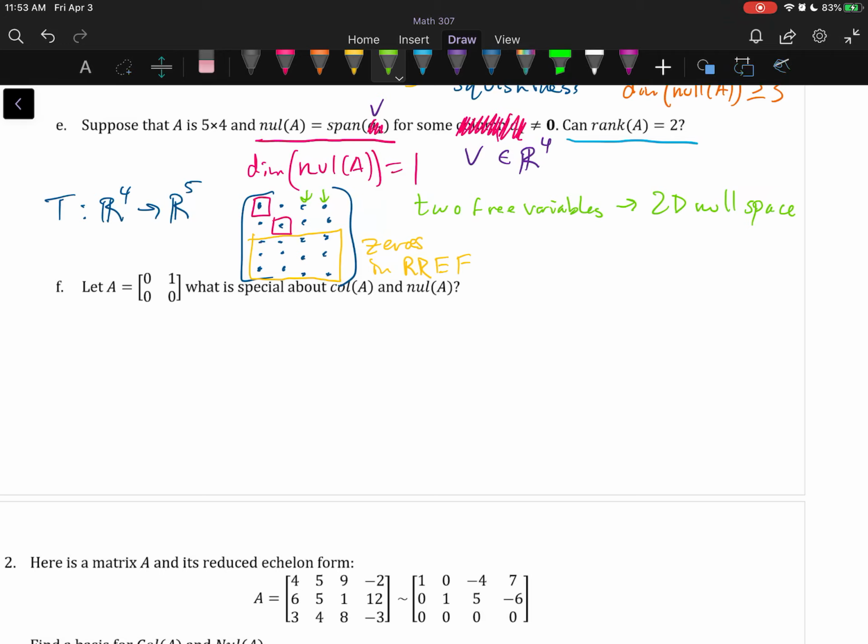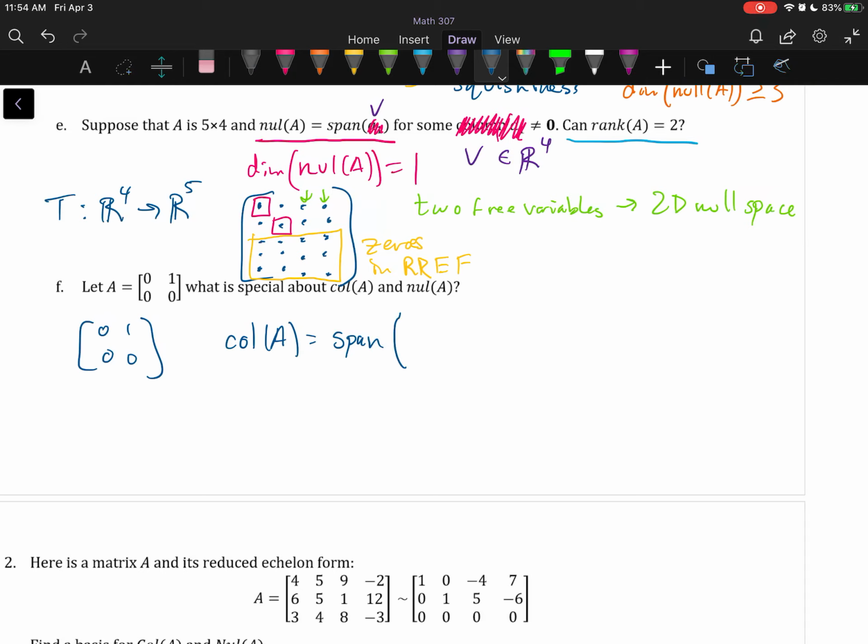There's A. What's special about the column space and null space of A? Well, I could take a look at this matrix and look at the column space. The column space is the span of all of the columns.